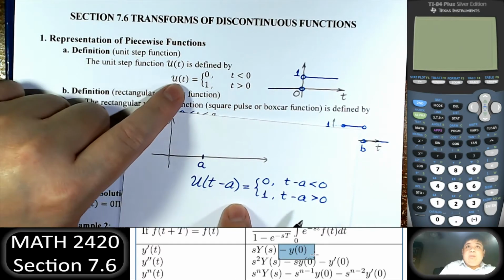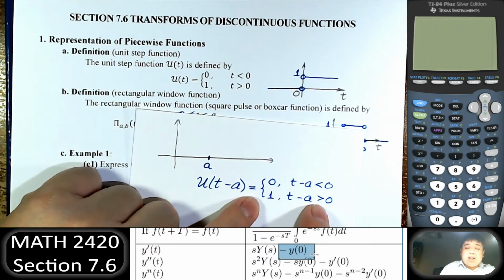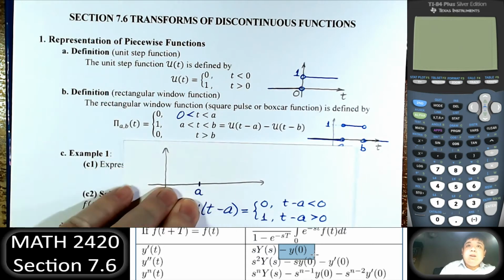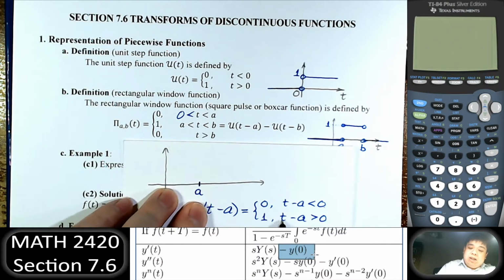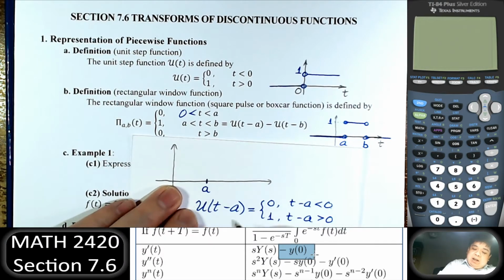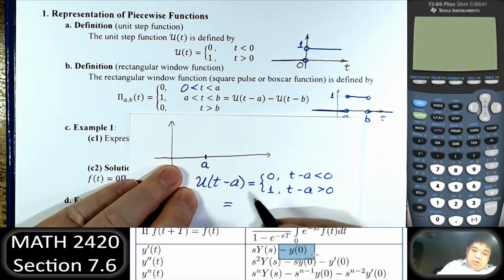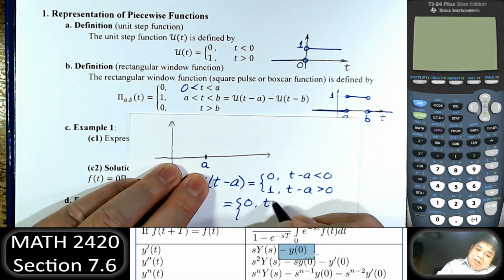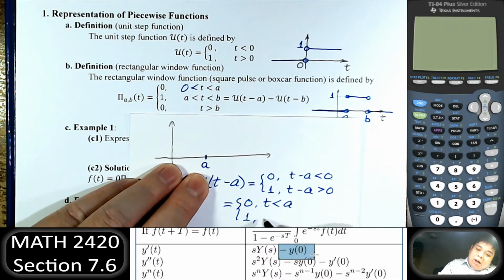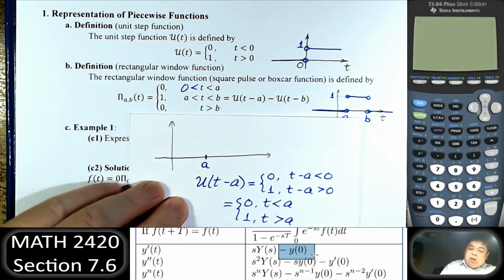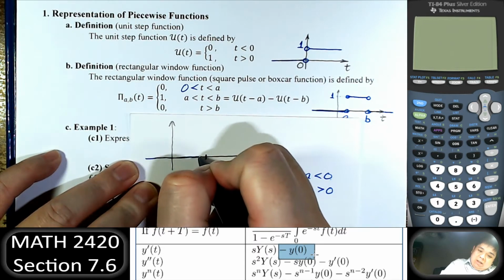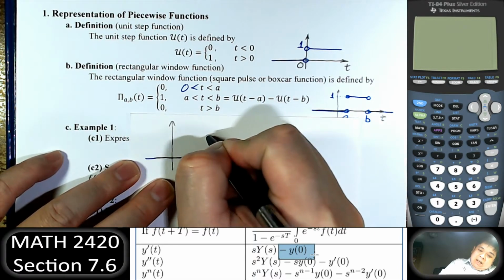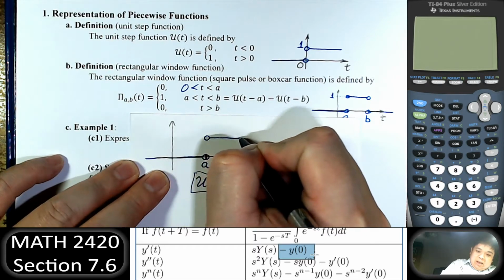Exactly from the definition. Now t minus A less than 0 means t is less than A, and t minus A greater than 0 means t is greater than A. So this is equivalent to 0 if t is less than A and 1 if t is greater than A.